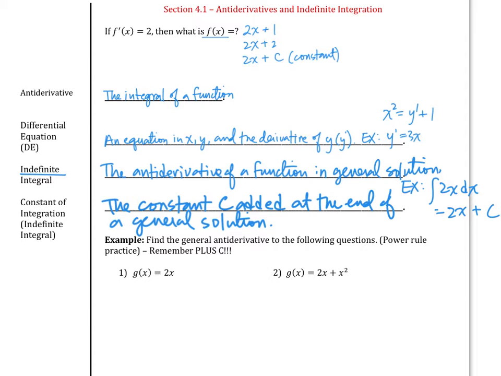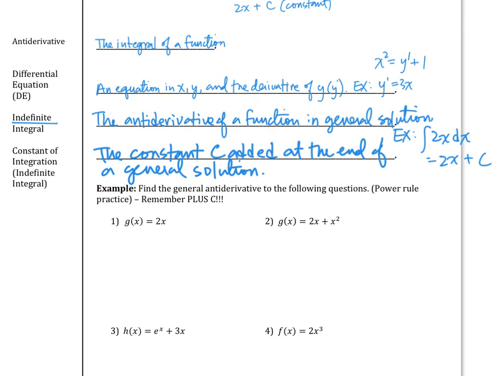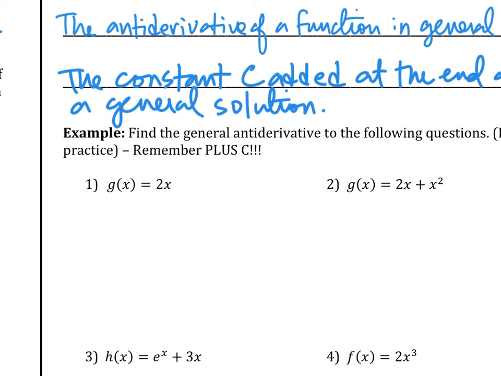All right, so let's go ahead and practice. For example, the first question says find a general antiderivative to the following questions. And this is a power rule practice, remember plus c. So we already did number 1, but let's just do that again. If we were to find the antiderivative of g of x, we would write the integral, which is the antiderivative of g of x.